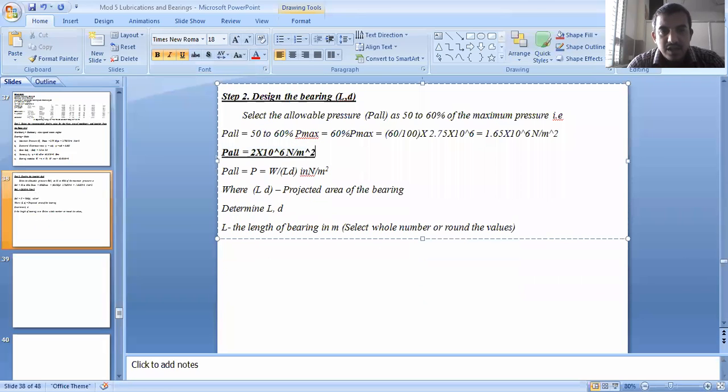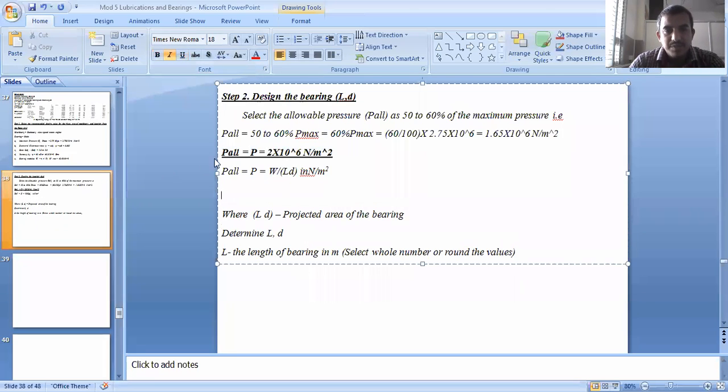Clear? So substitute in the equation: P allowable is equal to P, that is W by LD. This P allowable is also equal to P. Substitute in this equation. So what is P allowable?